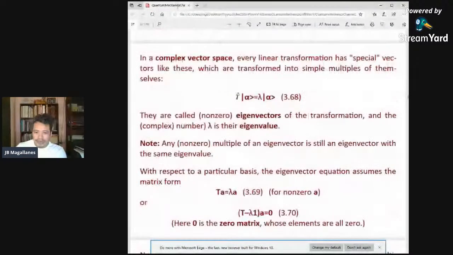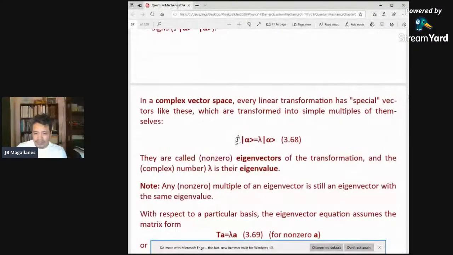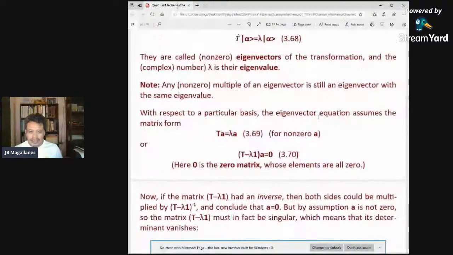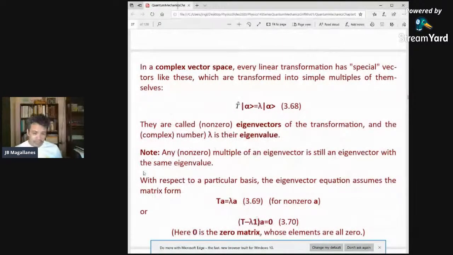So for this transformation, there are special vectors, and these vectors can be multiplied by special values called lambda.